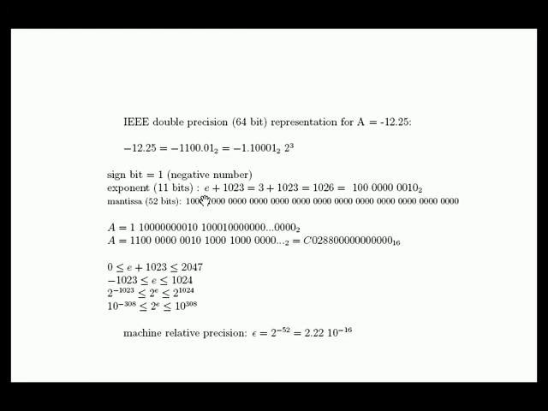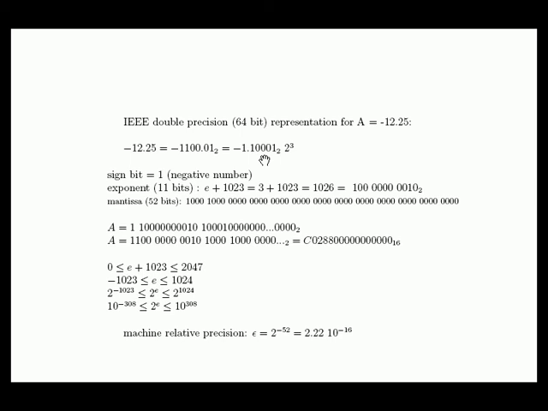What's actually done is the exponent, 3 in this case, is added to 1023. So 3 plus 1023 is 1026, and that is written in straight binary notation in those 11 bits, which is 1024 plus 2. So this is the 11-bit binary representation of 1026, which is E plus 1023.